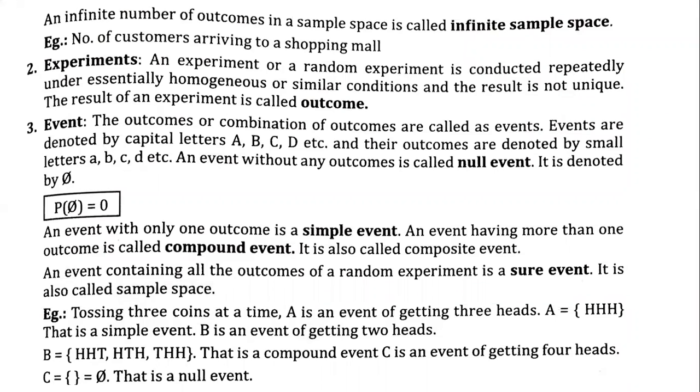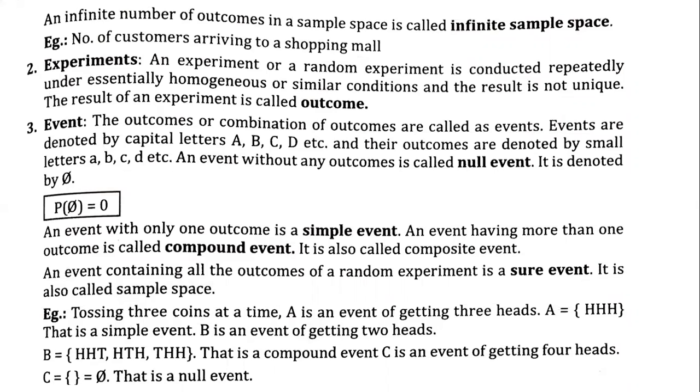Okay, now going on to the second definition, terminology, experiment. Whenever they do an experiment, also called a random experiment, it is conducted repeatedly. If you see the tossing of the coins, we tossed the coins 8 times and we got 8 different results from it.